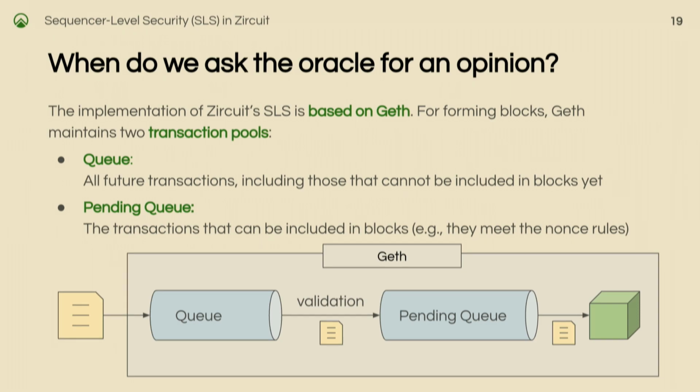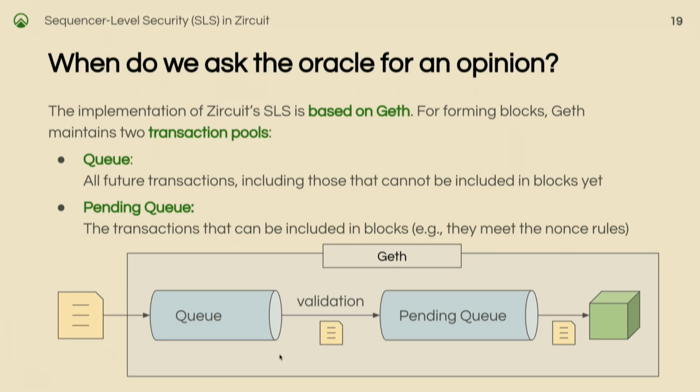For example, the transactions from individual accounts have to be included in the blockchain in the right sequence, following the nonce sequence without any gaps, right? So if the transaction has a nonce that is way, way, way in the future, Geth will keep this transaction inside of the queue until it receives the transaction to fill up the gap, and then eventually it is going to be ready for inclusion in the block.